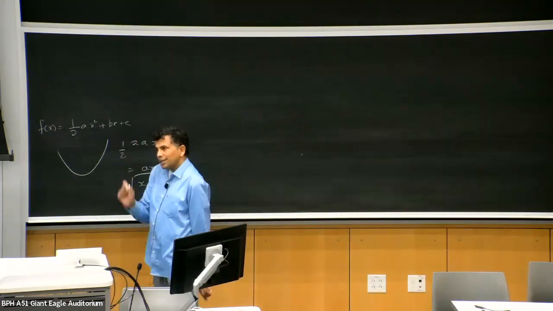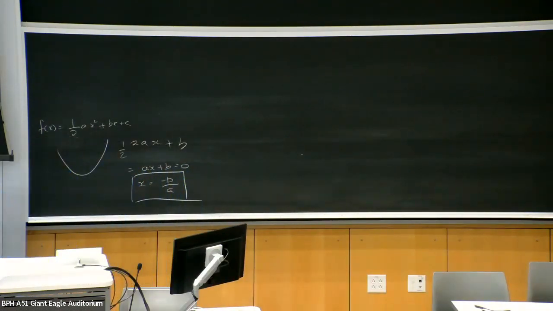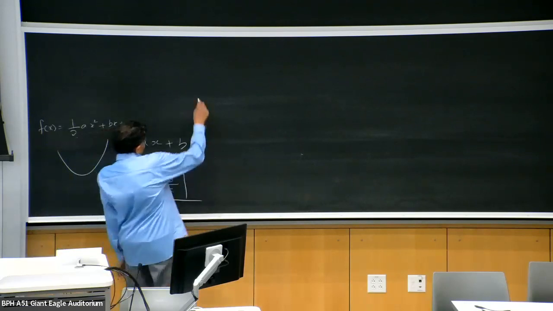Simple. In a single step, I can get the solution, right? But I can also solve for the minimum in a different way. I can start off at some initial point. I can take steps against the derivative till I get to the bottom, right? So if I'm taking steps against the derivative, what is the approach I will use?